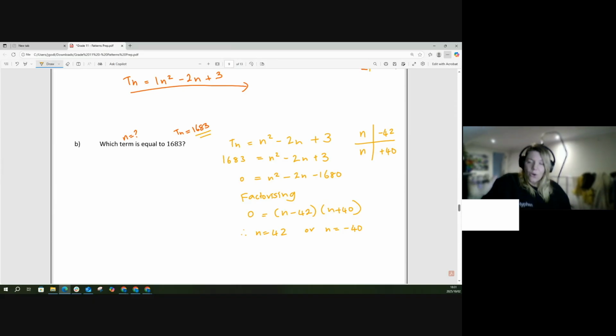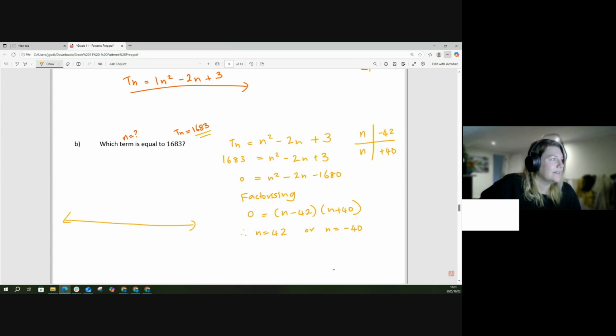Now, why am I getting two answers for n? Why do I have two answers for n? Because it's a quadratic. Yes, it is a quadratic. Let's say that this number over here is our 1680.